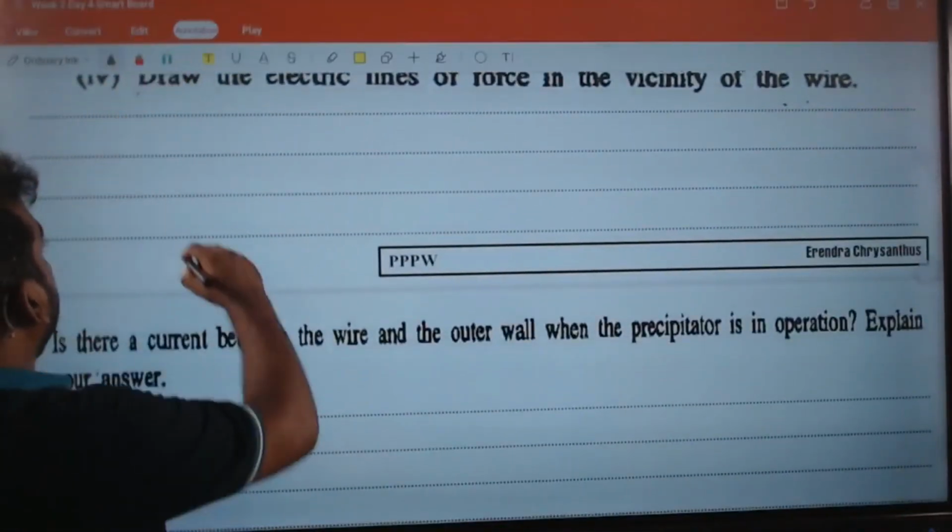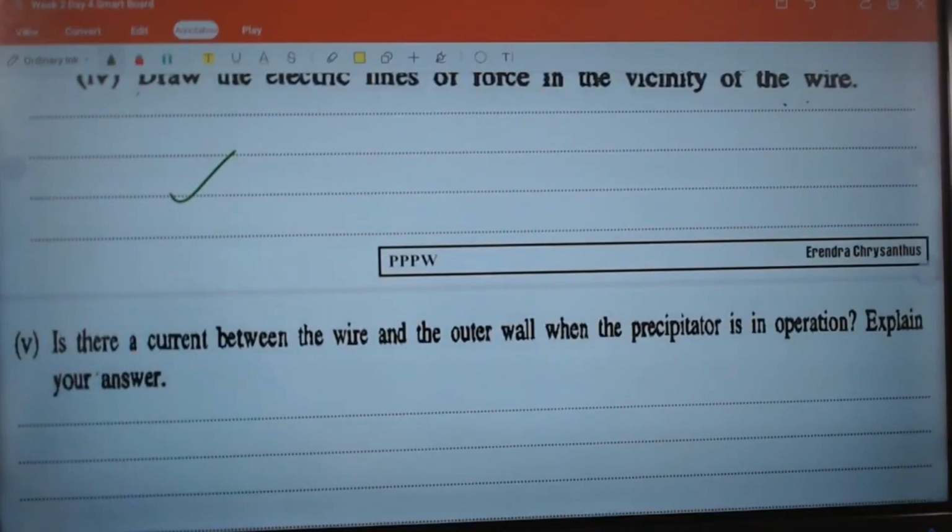Is there a current between the wire and the outer wall when the precipitator is in operation? Explain your answer. Answer is yes.